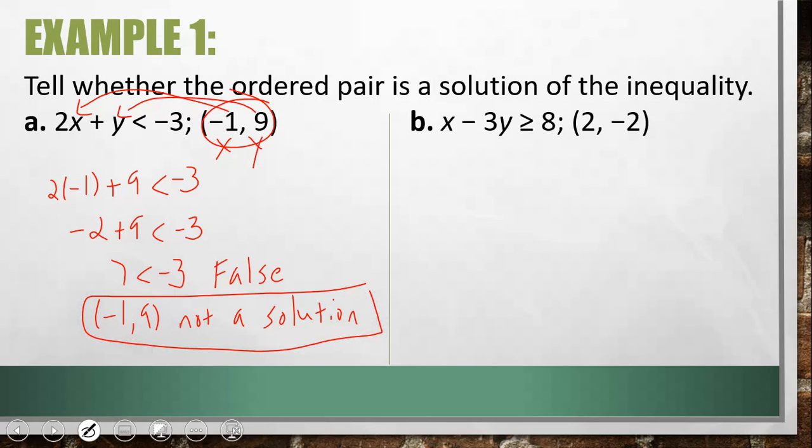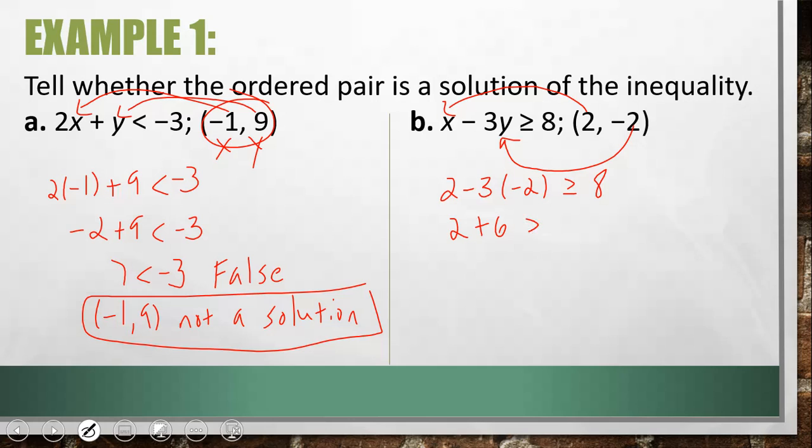Let's look at our second example. Take that 2, plug it in for x. Take that negative 2, plug it in for y. You're going to get 2 minus 3 times negative 2 is greater than or equal to 8. 2, negative 3 times negative 2, a negative times a negative, so it's going to be a positive.